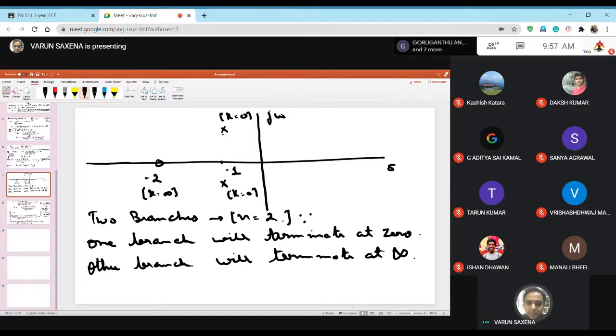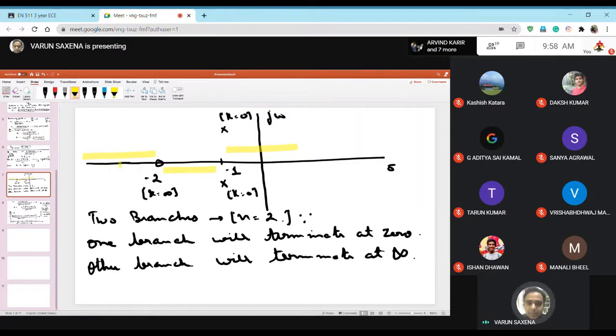If you look at the real axis, you can clearly demarcate three regions: this region, the second is this region, and the third is this region. We have to first find out whether these regions on the real axis are a part of the root locus or not. So let's go about it.